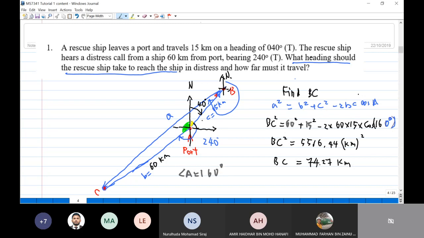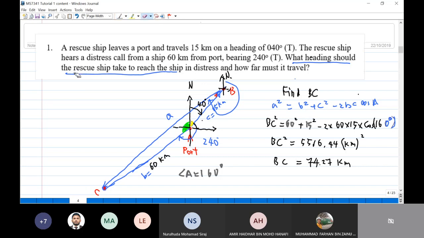The distance you need to go to rescue the ship in distress. So you are answering this part now.